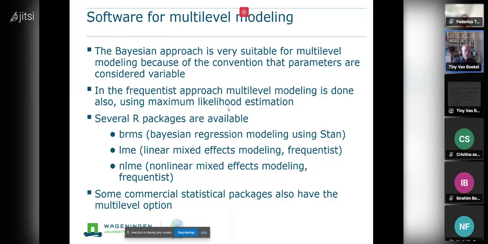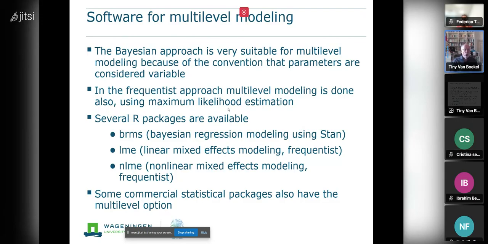Nevertheless, they also do it in the frequentist approach, where they use maximum likelihood estimation. Least squares is not possible, but maximum likelihood estimation is possible. But then this violates a bit the assumption that parameters do not have a distribution. So my big preference is the Bayesian approach.